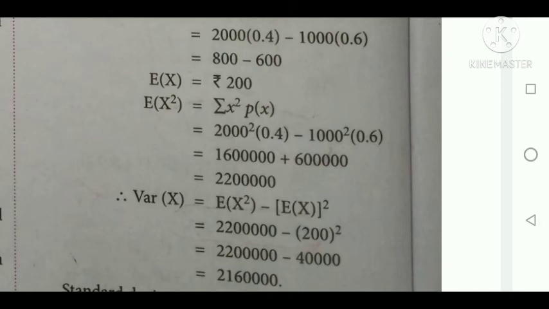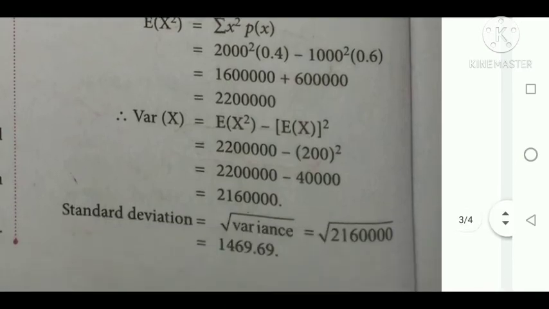Then after finding E of x square and E of x, apply the formula of variance. Variance is nothing but E of x square minus E of x whole square. If you subtract these two values, the answer becomes 21 lakhs 60,000. Once you find the variance, it is easy to find the standard deviation.